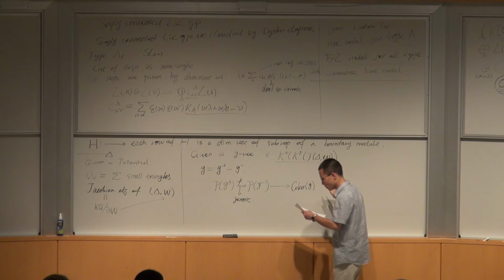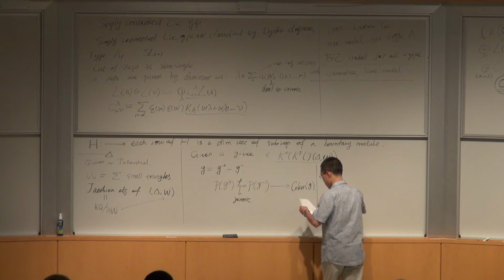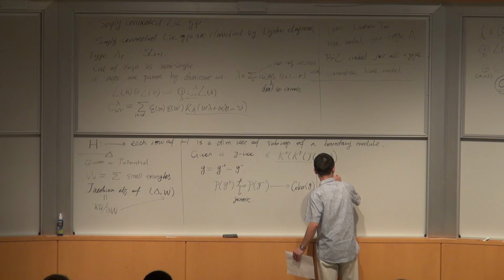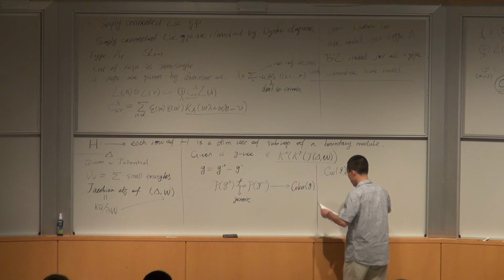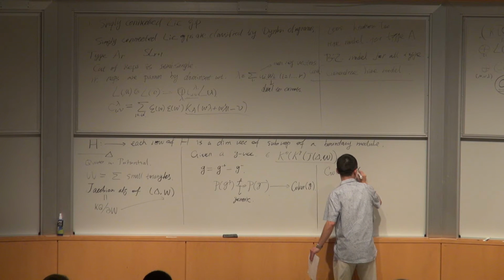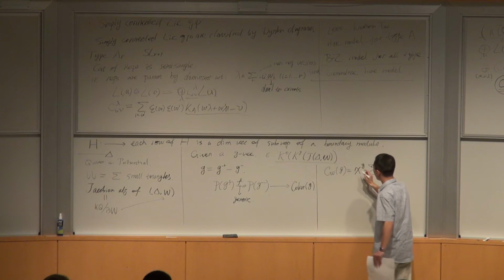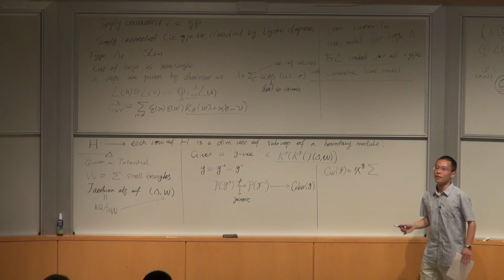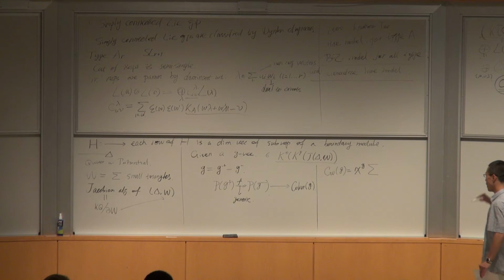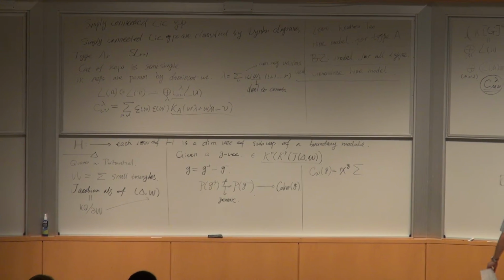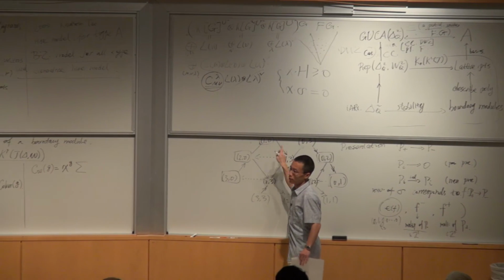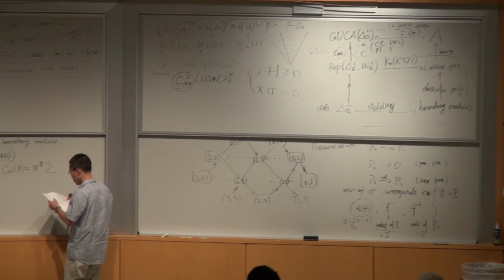Then I can have the formula now. So the cluster character CW maps this G into the following formula. So that is x^g. Remember, this x is a set of variables attached to each vertex, so it's x to the power of g.